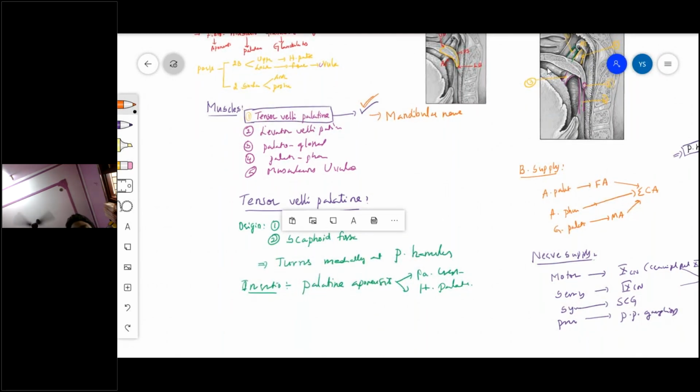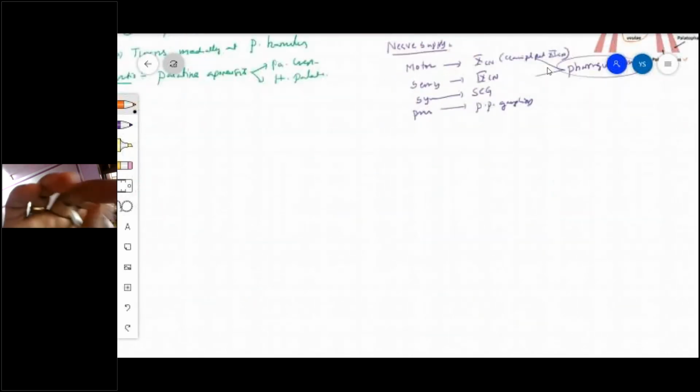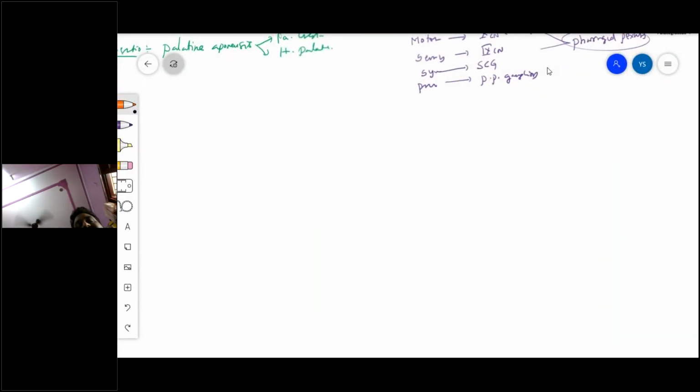And here I want to add one more thing regarding this point. In the head and neck region, mainly some groups of muscles are supplied by similar nerves, with one exception. For example, all muscles of the soft palate are supplied by the pharyngeal plexus, except one muscle. What is that muscle?